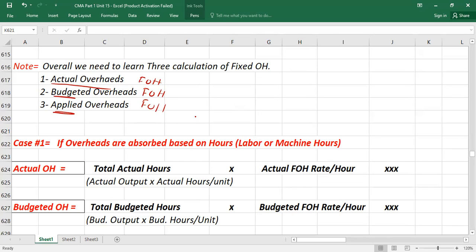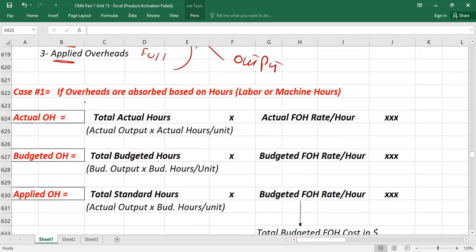First, let's understand how to calculate these 3 lines based on hours and based on output. Based on hours means labor hours and machine hours. Then we will see which variance it gives.